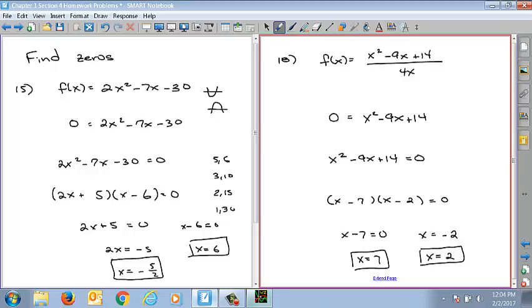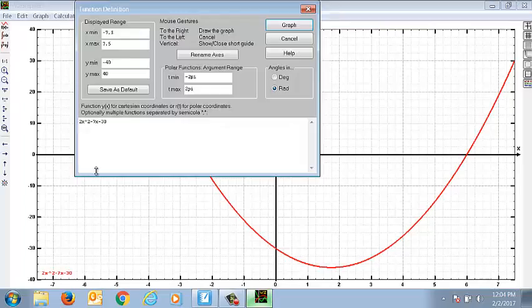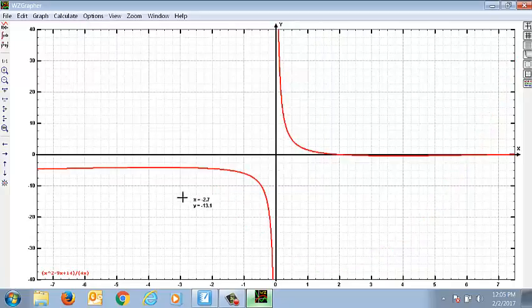And again, I'll graph that. So we'll graph the entire function. So we have x, put them in parentheses, x squared minus 9x plus 14 divided by 4x. And we'll graph it.